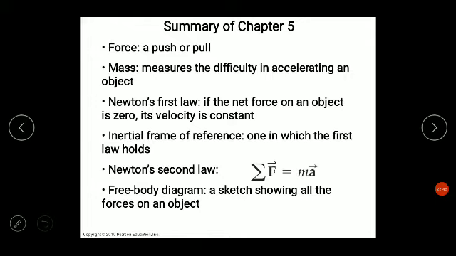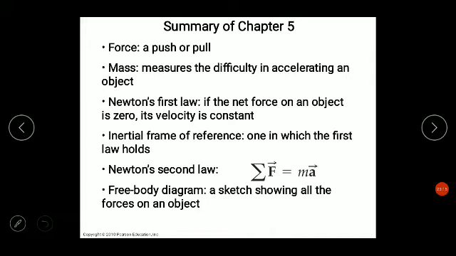Then the first law of Newton states that an object at rest stays at rest unless acted upon by a net force, or an object in motion will be in motion forever unless acted upon by a net external force. Then in the first law, it is very important to consider the frame of reference, which is basically inertial. Therefore, acceleration is equal to 0.